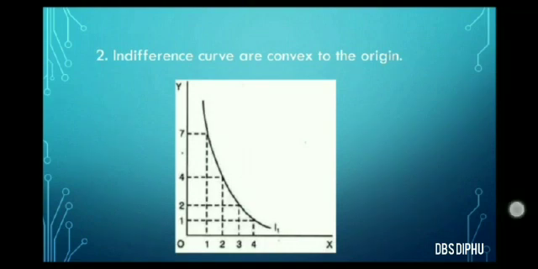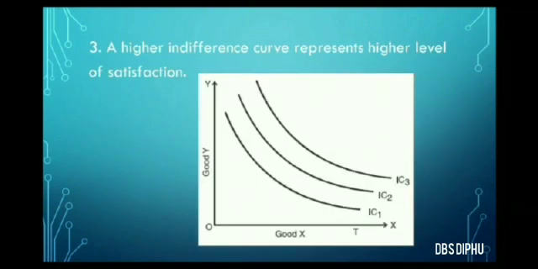Point number 3 is that a higher indifference curve represents a higher level of satisfaction. Another property of indifference curves is that a higher indifference curve will represent a higher level of satisfaction than a lower indifference curve.